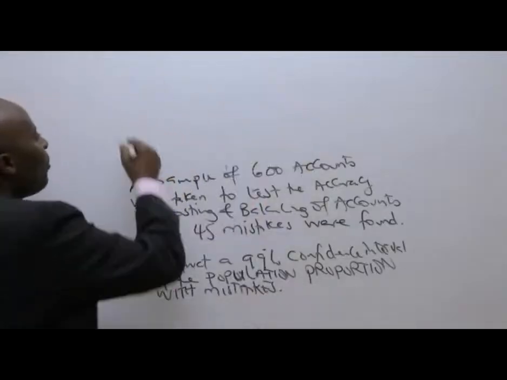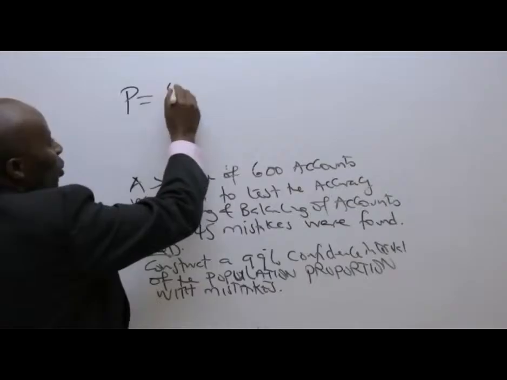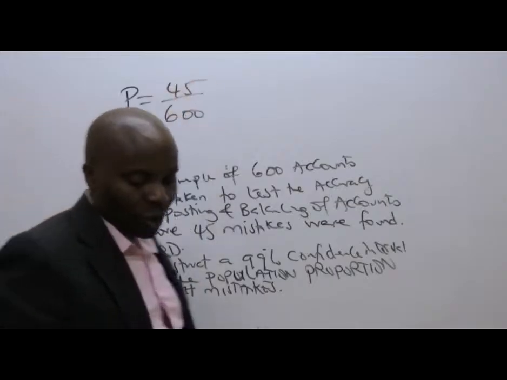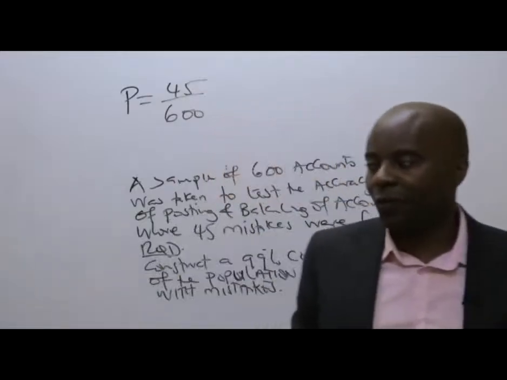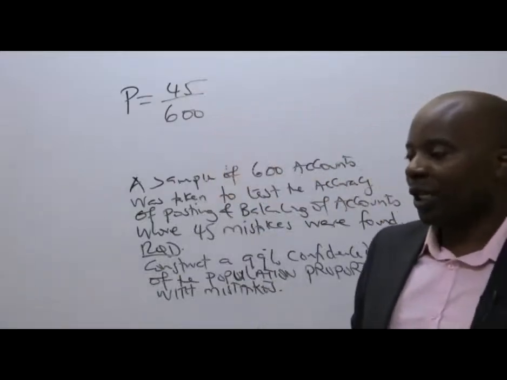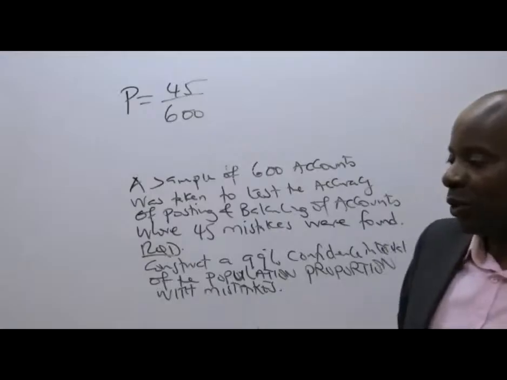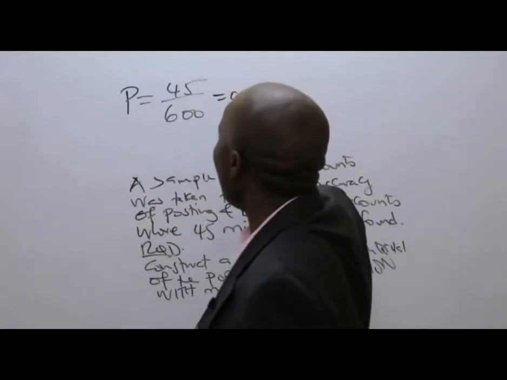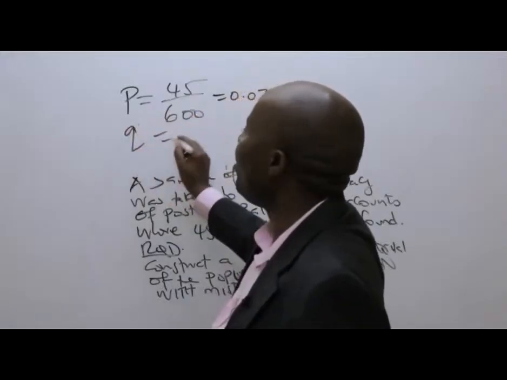So the sample proportion here with mistakes will be 45 out of 600. What is 45 over 600? I can see someone giving me 0.075. So then what do you think will be our Q?